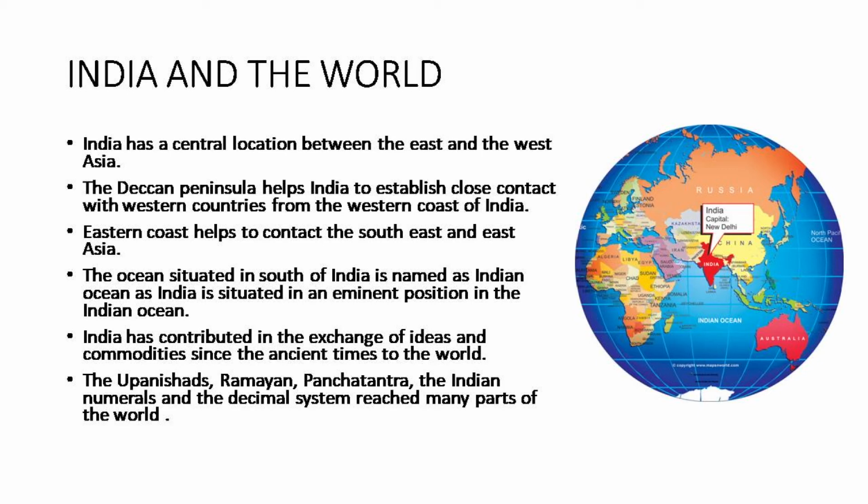You know children, much before our oceanic routes, people used to travel through land routes also, mostly through the passes. While traveling through the passes, they exchanged not only commodities but also a lot of ideas. The ideas that have crossed our Indian boundary to other parts are your Upanishads, Ramayana, Panchatantra, even the Indian numerals children, so also the decimal system, that have reached many parts of the world.